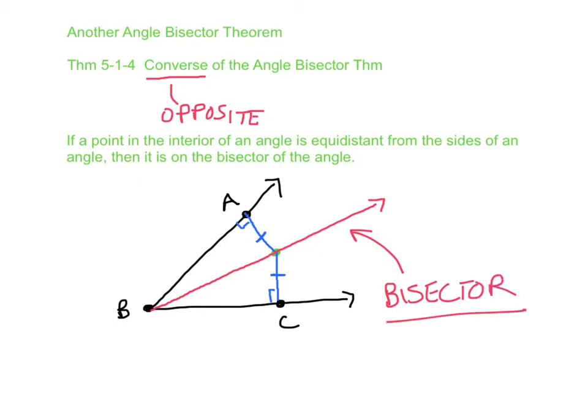And so our converse tells us when we have a bisector, which is the exact opposite of our angle bisector theorem. Notice the difference. Now let's go look at when we'll actually use it. Let's finish off with 2 examples and see when we'll actually use this stuff.